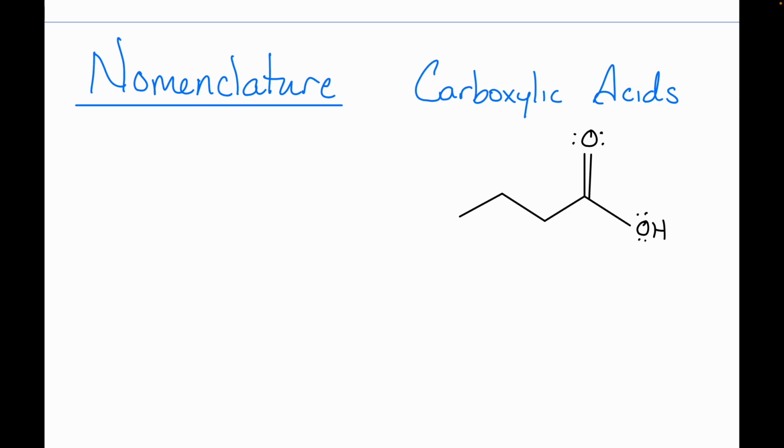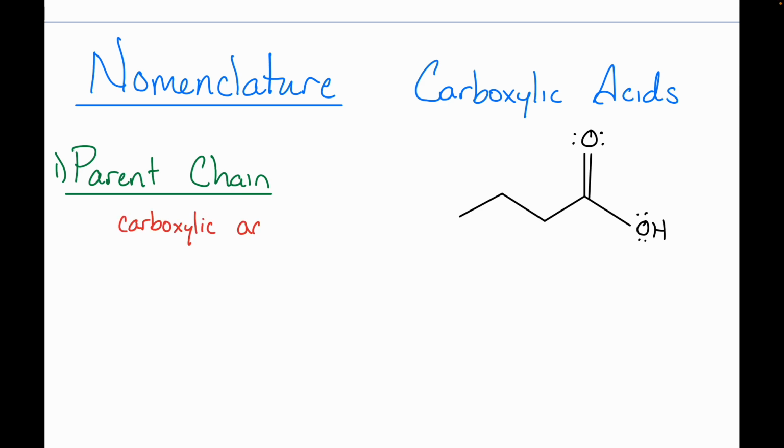So step one, when we find that parent chain, we want that longest continuous set of carbons containing that functional group. And now we have this new functional group, our carboxylic acid. This gets the suffix oic acid. And yes, we do actually have a space in our IUPAC name here.